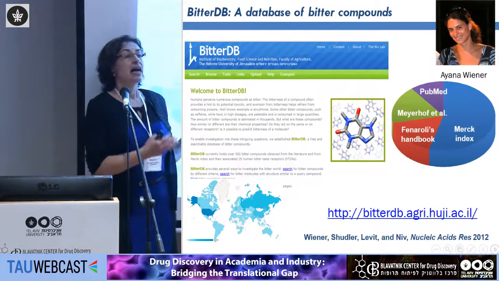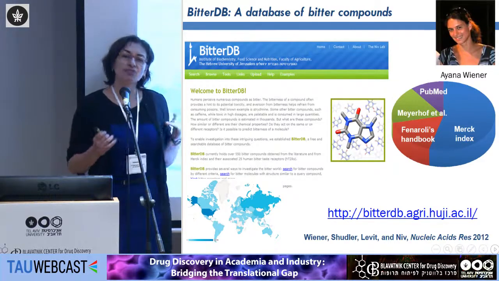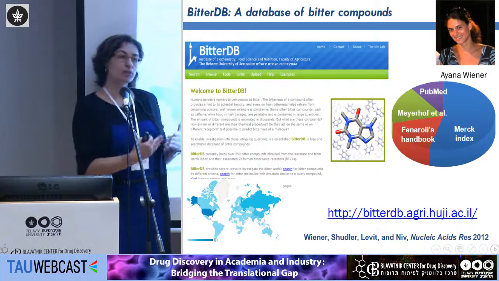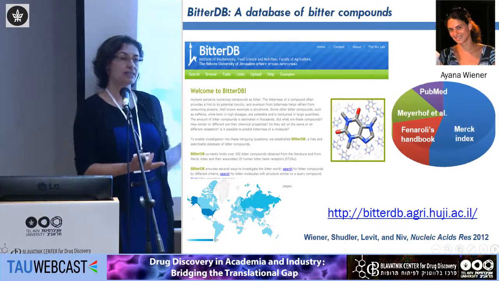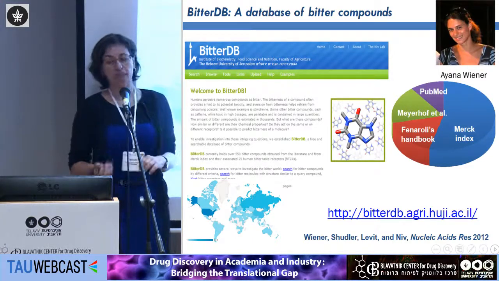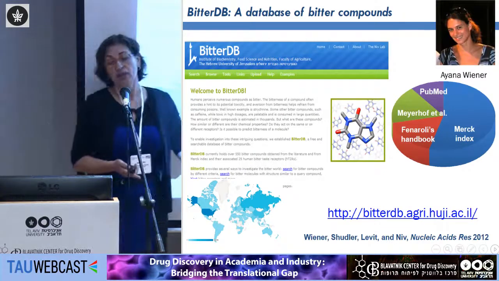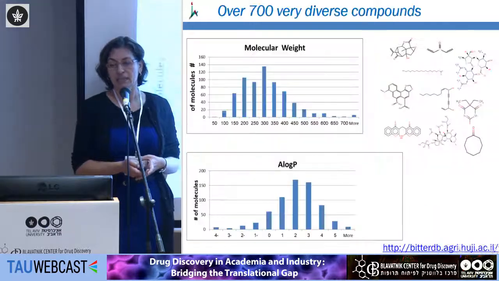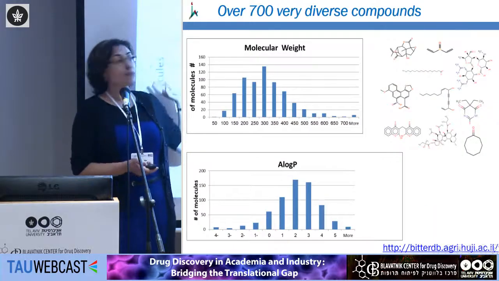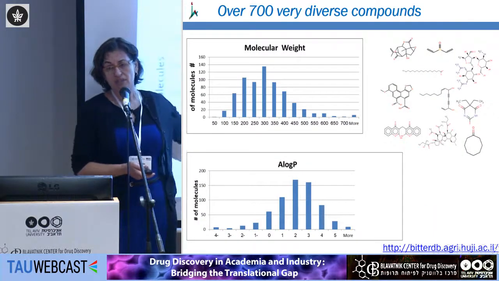And because the taste receptors are known, it is also possible to test in cell-based assays which compounds activate particular receptors, and then to know that these are also bitter ligands. So there are over 700 different compounds.